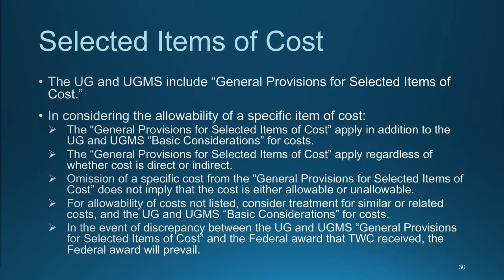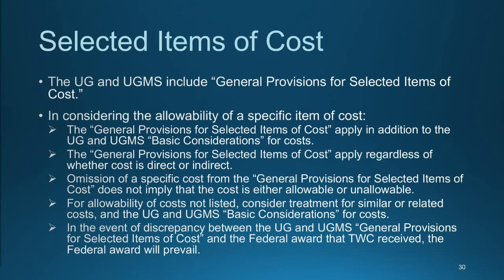Again, it doesn't matter whether it's direct or indirect cost when it talks about selected items. It doesn't really affect allowability, except where it specifically speaks to that distinction. So again, equipment is another example. Equipment ordinarily is only allowable as a direct cost, and even then requires prior approval.